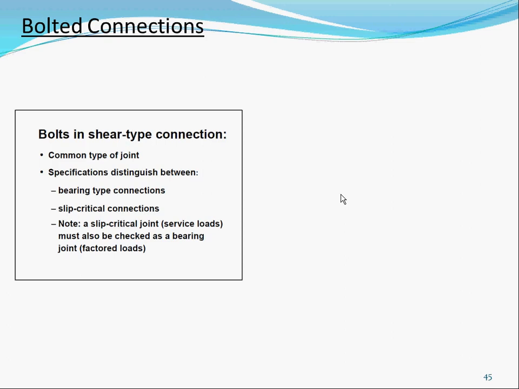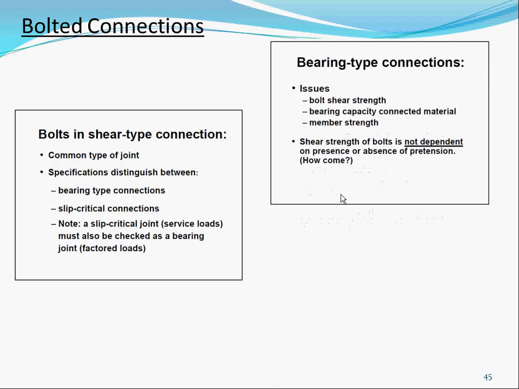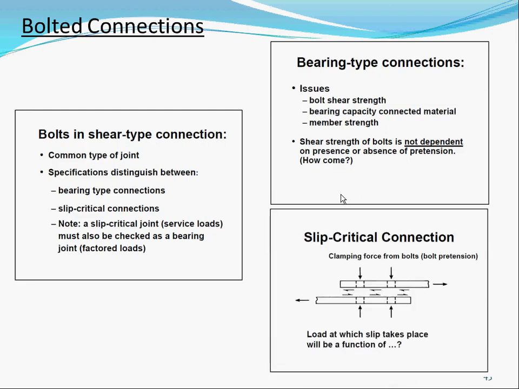Bolts in shear, you have a couple of types, slip critical or bearing. Bearing is just the bolt bearing into the bolt hole. Slip critical is where you're actually accounting for friction between the two planes. But what friction do you take?